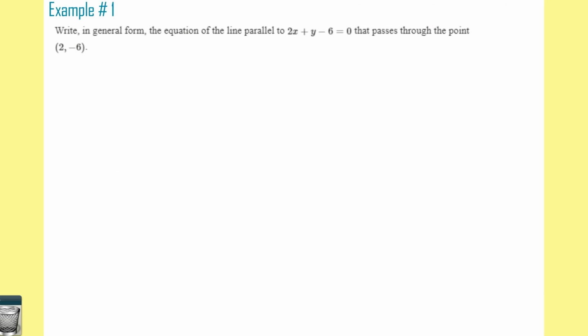Okay, so this trips up my students every year in Algebra 2. So maybe it's gotten to you now, I don't know, but it's parallel lines. We've got to know that parallel lines mean the same slope. So if it's parallel to this, well, this is in standard form. Let's change it to slope-intercept.